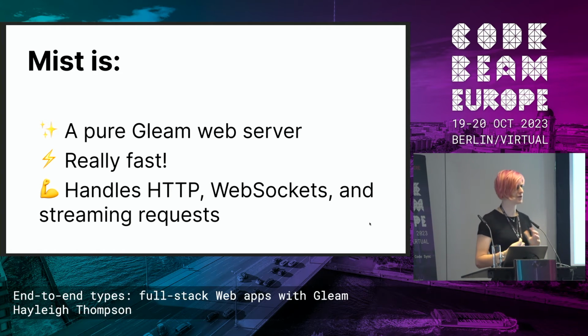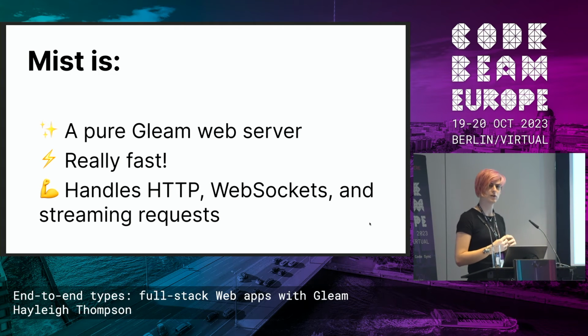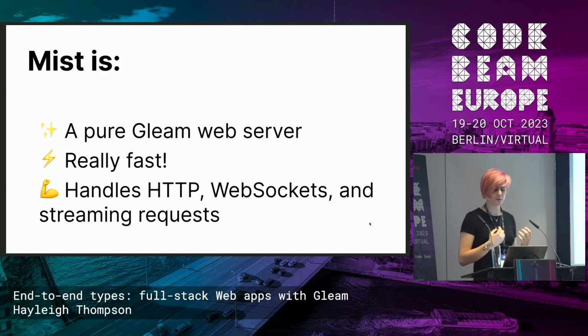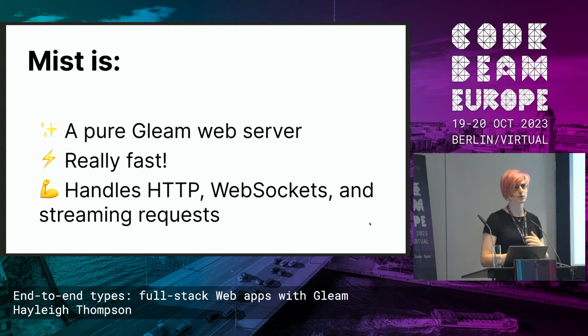About a year ago, which is I think the last time we ran a benchmark, it was benchmarking consistently faster than Cowboy, for example, and it was doing a pretty good job at competing with some other technologies. And this web server can handle HTTP, WebSockets, and also streaming for large requests.